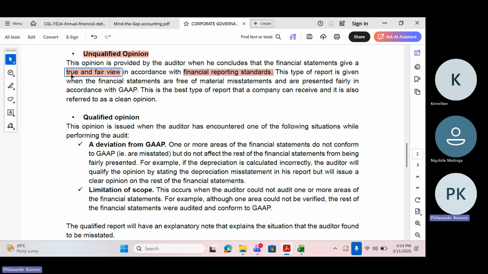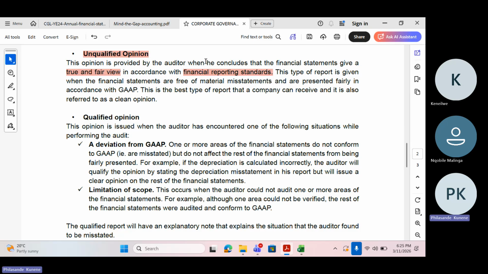When it gives a true and fair view, it means the numbers that are sitting in the income statement and the numbers that are sitting in the balance sheet reflect a true and fair view. And they are in accordance with financial reporting standards, which means they comply with GAAP principles.